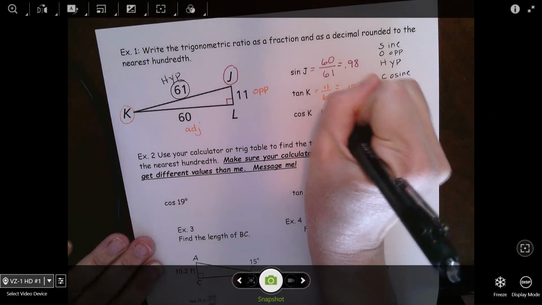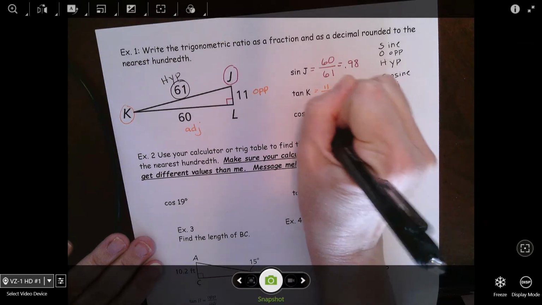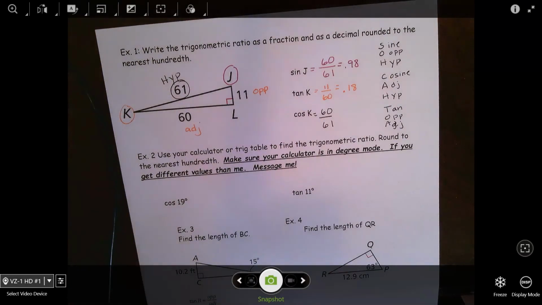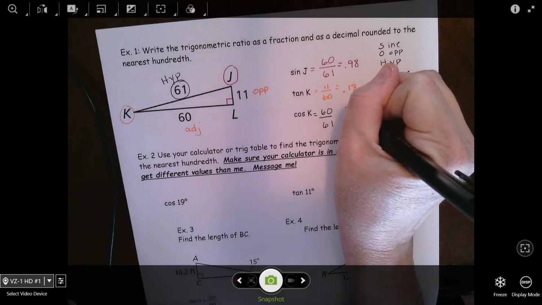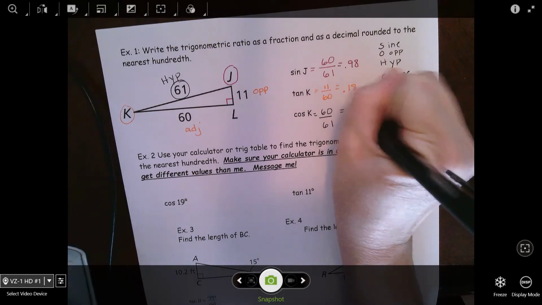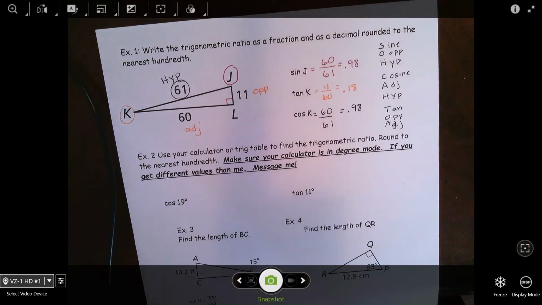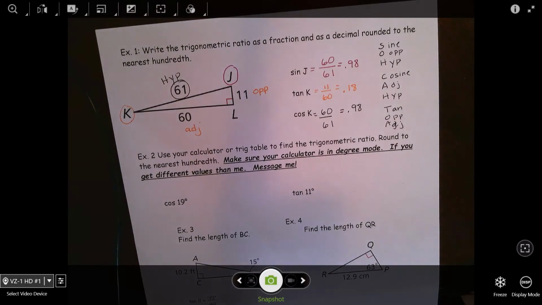So this is 60 over 61. So I'm taking 60 divided by 61, and you're getting 0.98. Now, you might notice that the sine for J and the cosine for K are the same thing. And that is because the opposite and adjacent switch.